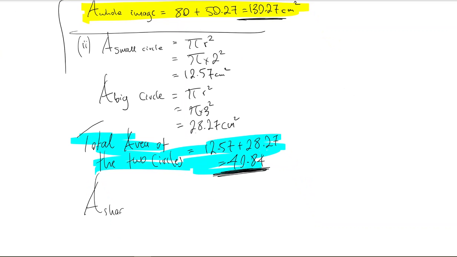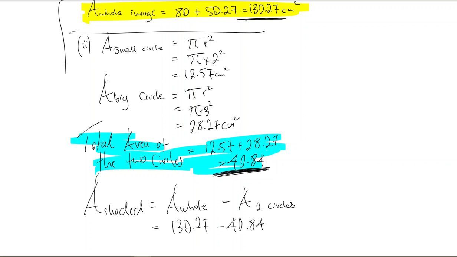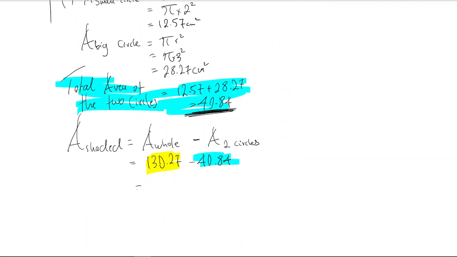Area of shaded equals area of the whole image, the one in yellow, minus area of the 2 circles. So I've got 130.27 minus 40.84. That was the yellow part, 130.27, and the blue part, 40.84. And I get 89.43 centimeters squared. Final answer, area of the shaded part.